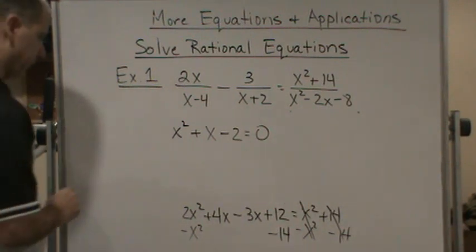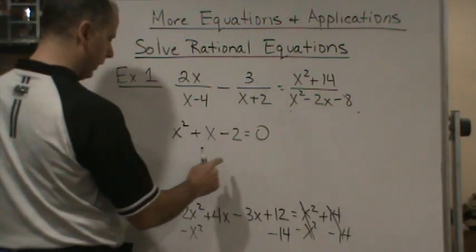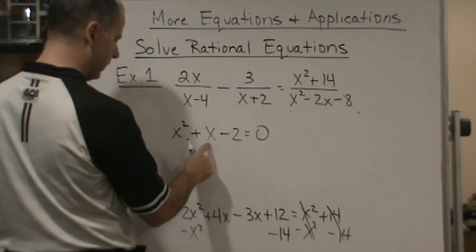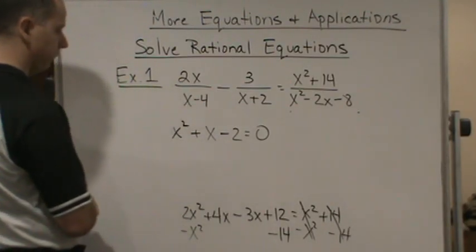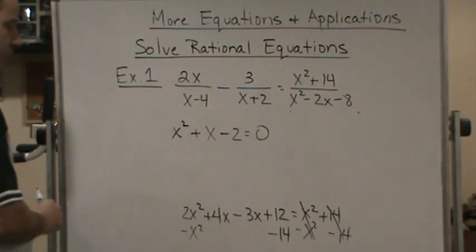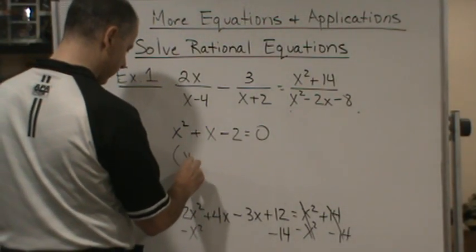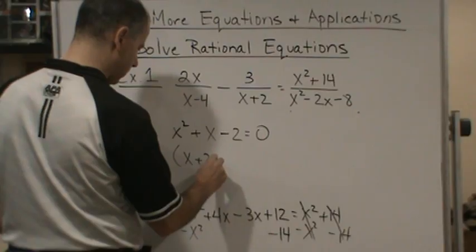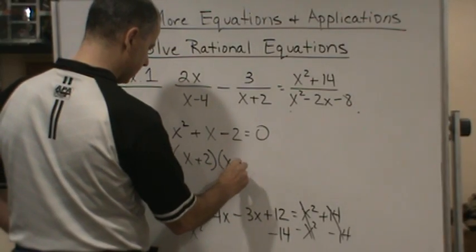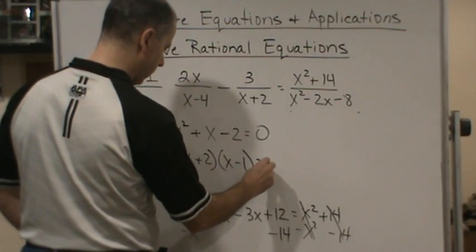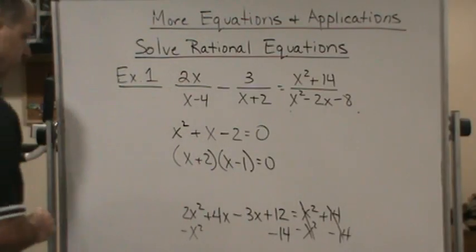And now we can factor this. Two factors of negative 2 that add to 1: that's 2 times negative 1. So that splits up into x plus 2 and x minus 1 equal to 0.